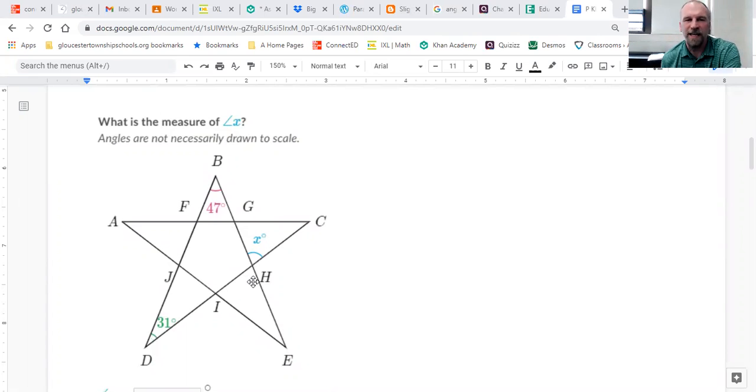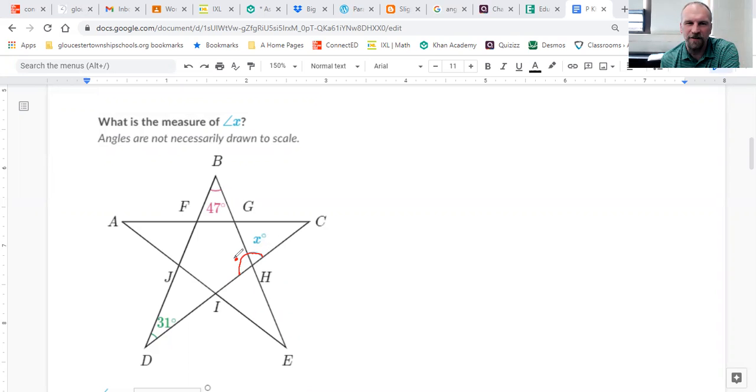X is part of a triangle here, this little triangle between G and H and C, but I don't know G here and I don't know C here, so that's not going to help me. But X is also supplementary with this angle next to it. They form a straight 180. So if I can find this angle, I can find X.